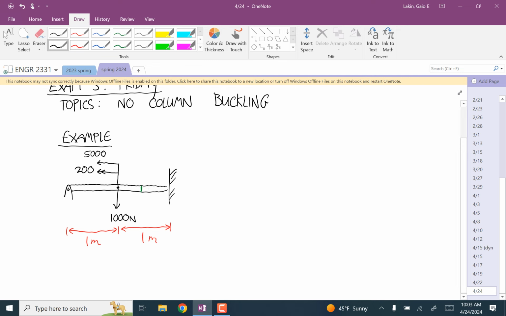And let's say that this has, what could we do here? We'll see how far we can get on this, but let's say that this thing has a thin-walled rectangular cross-section where the thickness is equal to 2 millimeters.